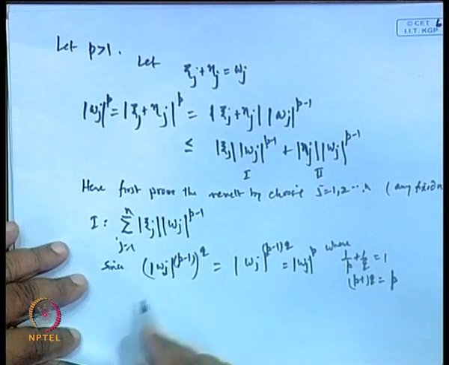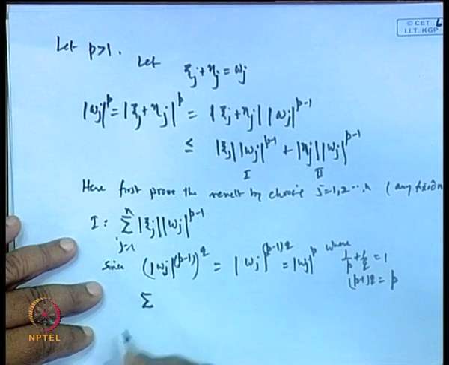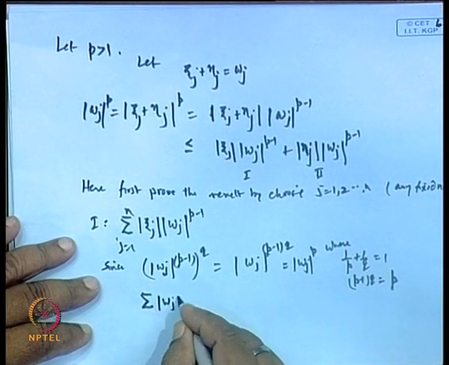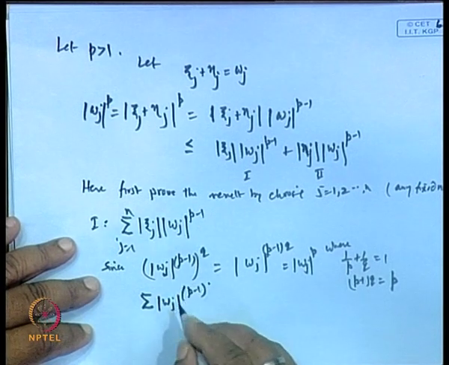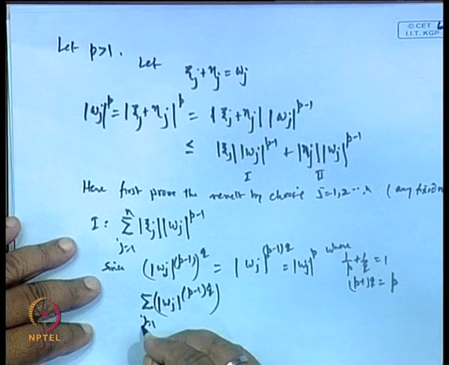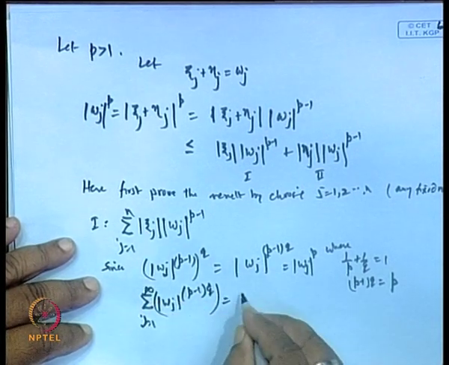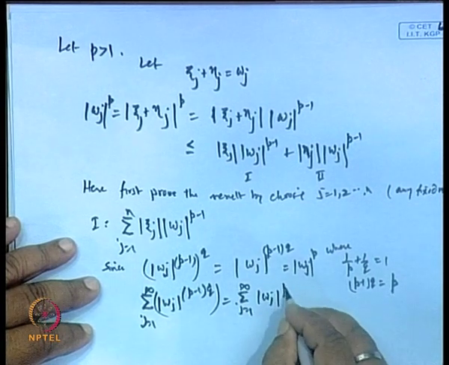Now, sigma of this part, p minus 1 into q, j is 1 to infinity. This is the sum over j equal to 1 to infinity of mod w_j power p.